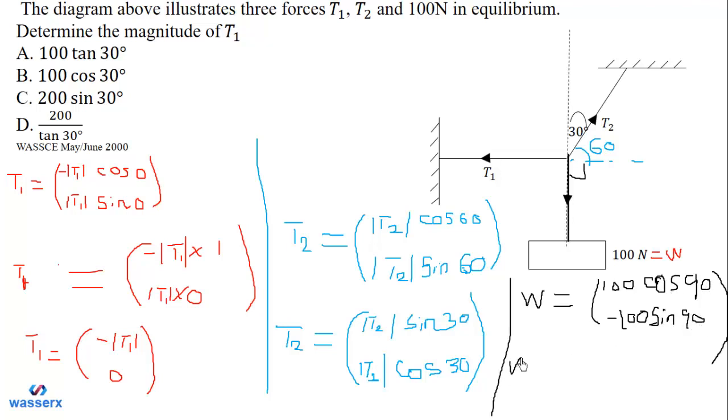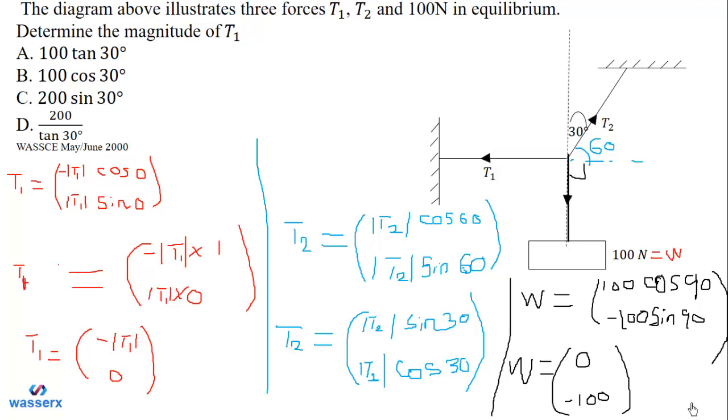Now let's finish this. We know that cos 90 is 0, so 100 times 0 will give you 0. Then sine 90 is 1, so negative 100 times 1 will give you negative 100. Now we need to add all these forces, because they say the forces are in equilibrium.